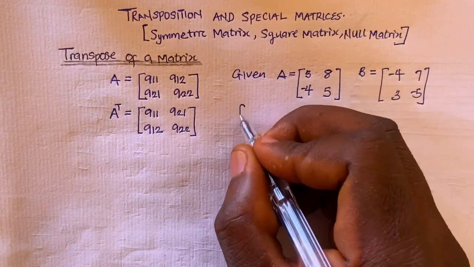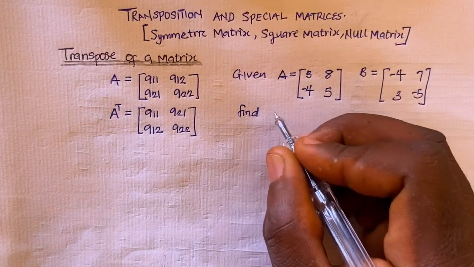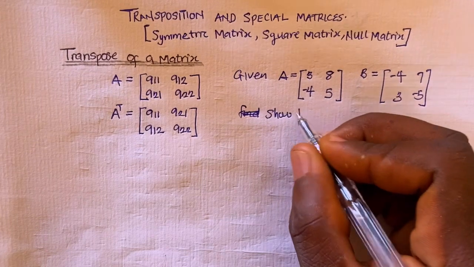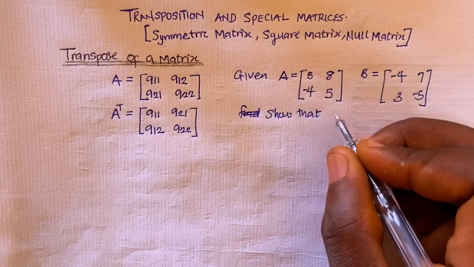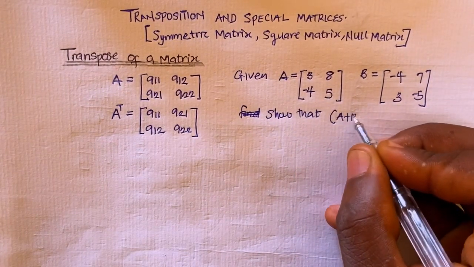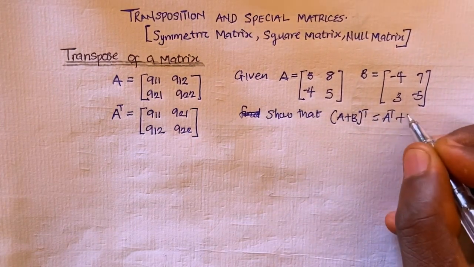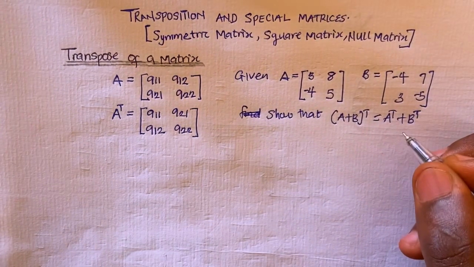Then you are asked to simply show that (A plus B) transpose equal to A transpose plus B transpose.